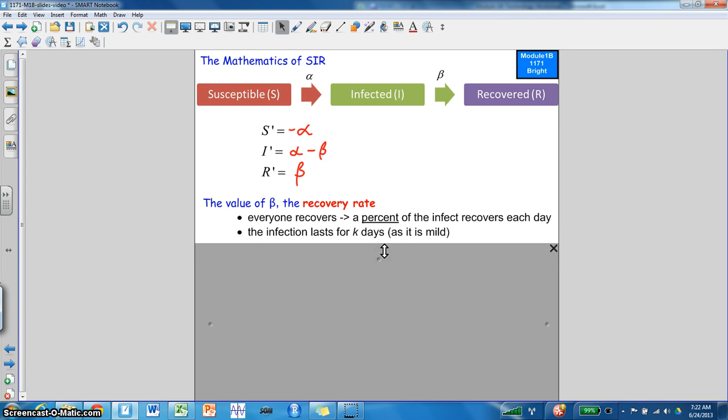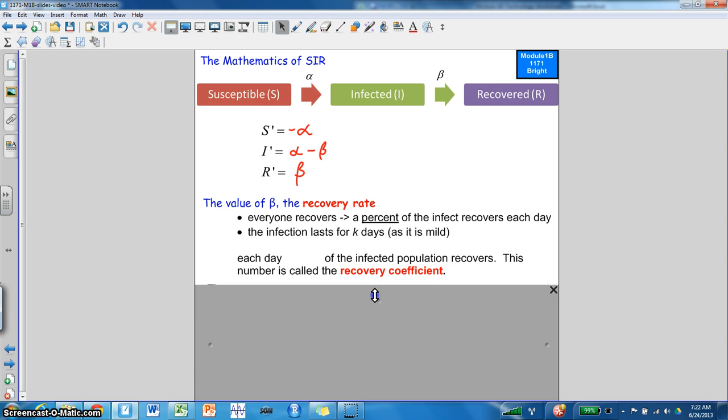Suppose that the infection lasts for k days, since it's mild. Thinking about this on a day-to-day basis, each day only 1 out of k of the infected recovers.